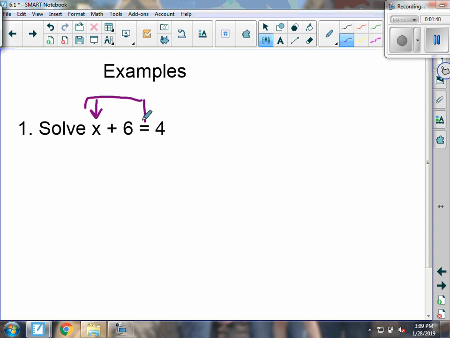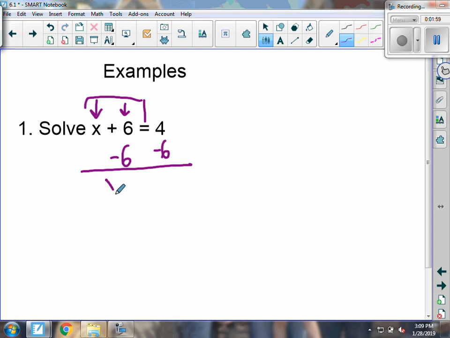So here's my letter, and on the same side I have a plus 6 right here. I want to cancel this out, so what's the opposite of addition? It's subtraction. So instead of plus 6, I'm going to subtract 6 from both sides of my equation.